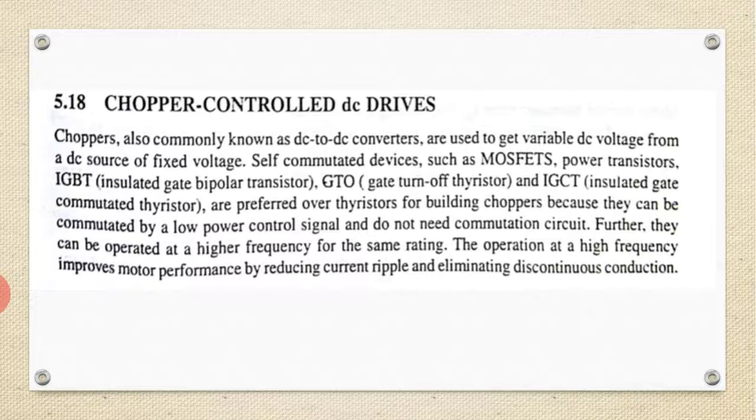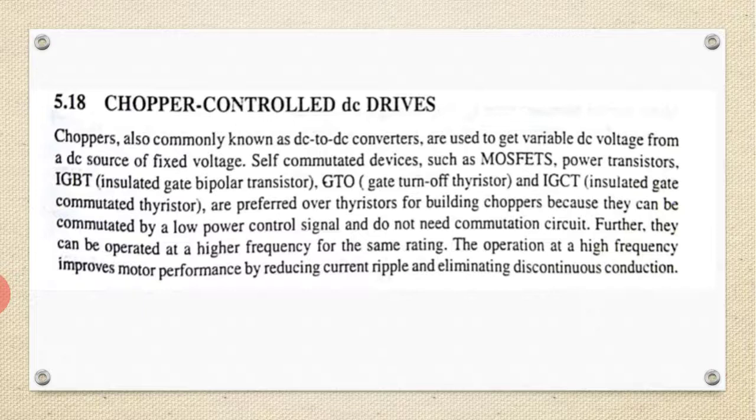They are preferred over the thyristor for building choppers because they can be commutated by a low power control signal. It means these switching devices are controlled with a very low power control circuit, the gating signal. Further, they can be operated at a higher frequency.